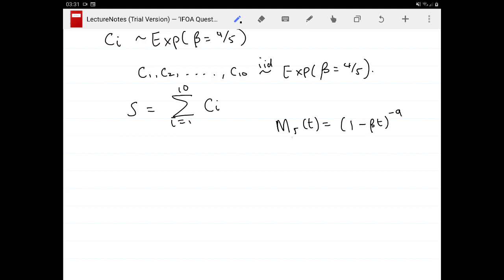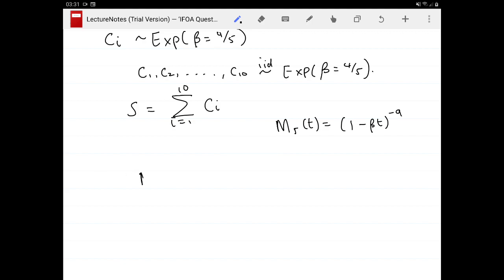If we can show that the moment generating function of S looks like this form, where we've got 1 minus a constant in front of t, to the power of a negative constant, then we've shown that S has a gamma distribution. I'm not going to go through every single step, but because we have an independent sum, the moment generating function of the sum is going to be equal to the product of the individual MGFs.